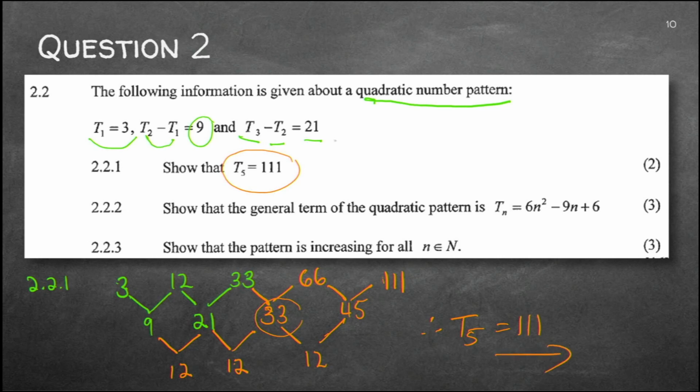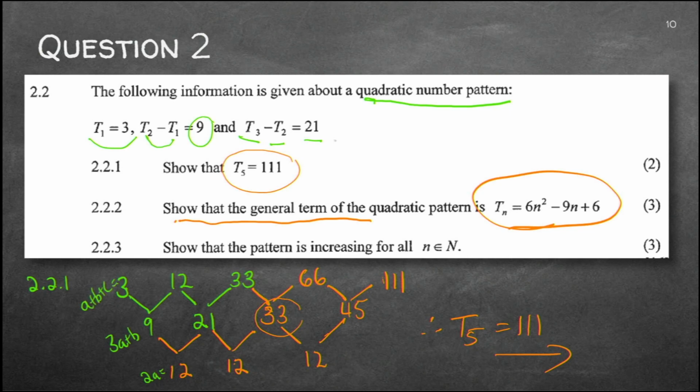Done and dusted. The next one actually stipulates, show that the general term for the pattern is this. So once again, fortunately we already broke this down, meaning I know that 2a is equal to 12, 3a plus b is equal to 9, and a plus b plus c is equal to 3.